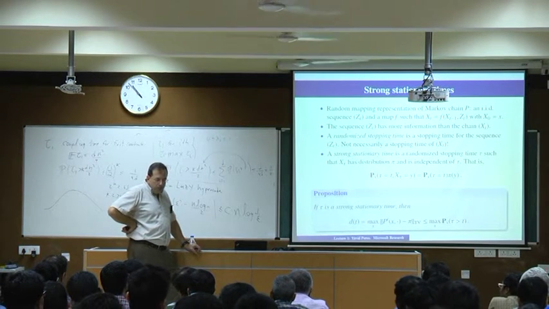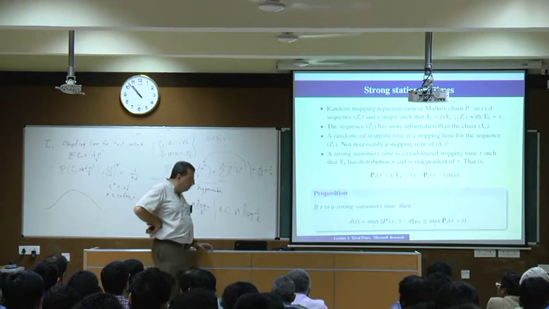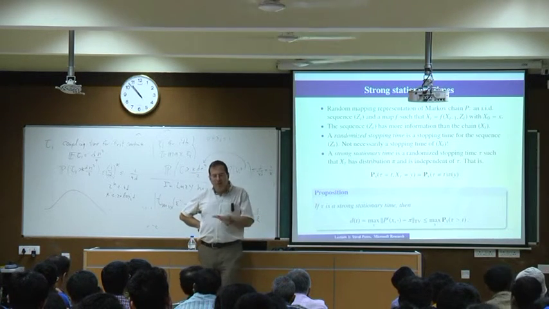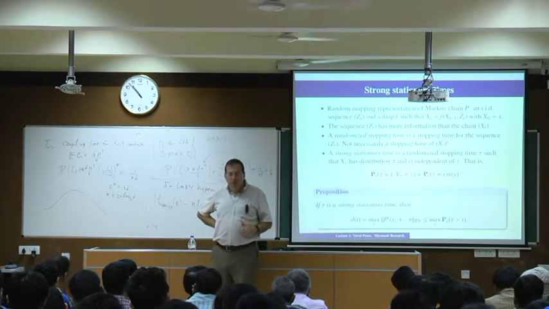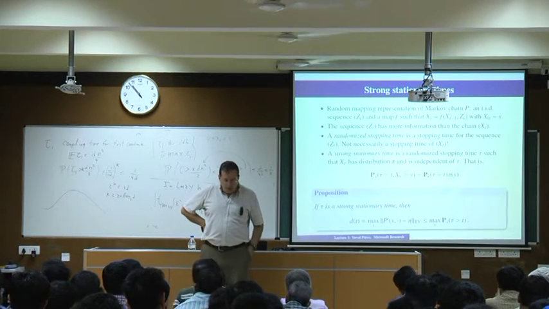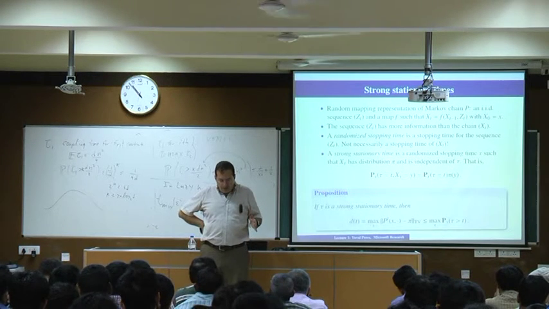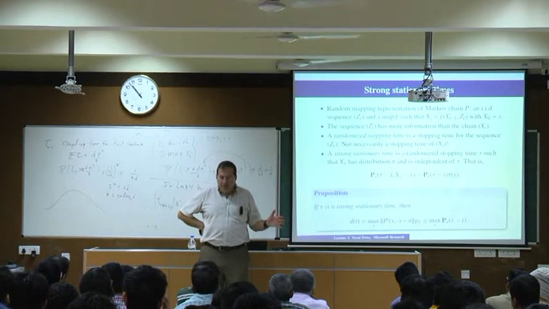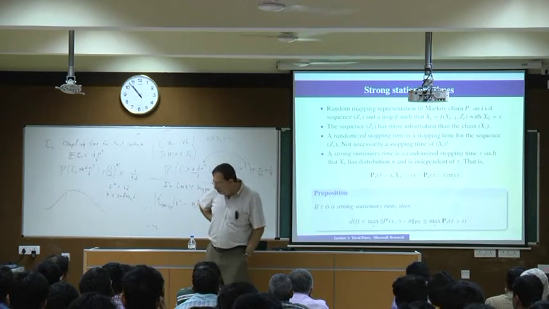One notion that will be important here is stopping times. Of course, you're familiar with this: if I have a sequence of random variables, a stopping time for the sequence is some variable where the event that tau equals k is determined at time k, is a function of x1 to xk.